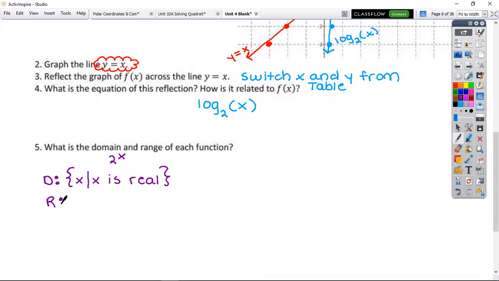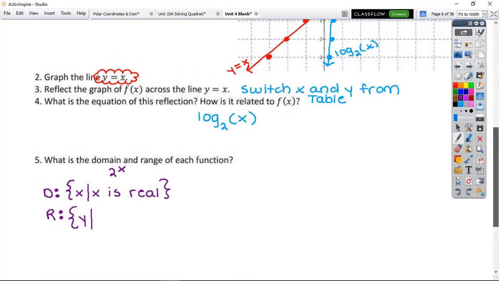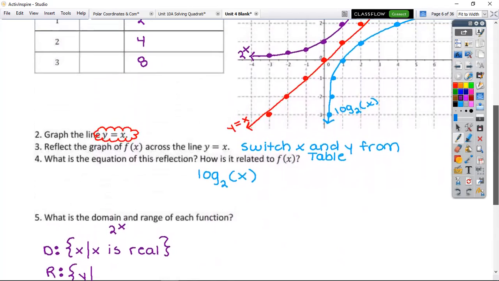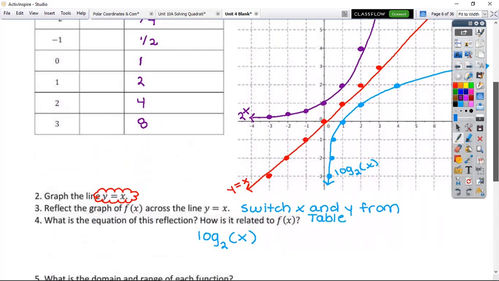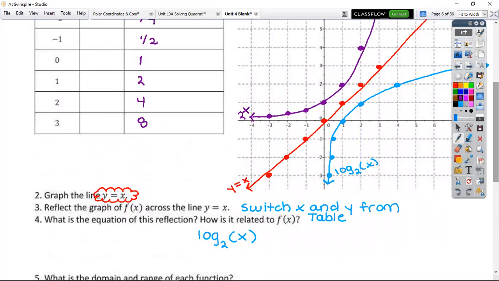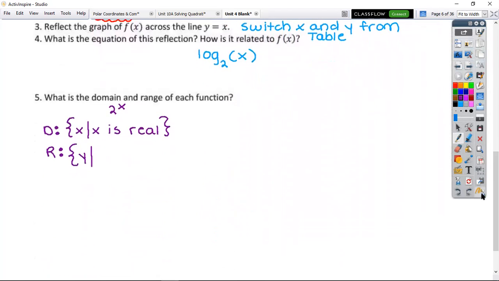Now I need to do my range. My range, I'm looking to see whether or not I include all y values. Or does it look like there is a boundary that this graph is staying above? What do you guys think? We're staying above something, right? What are we not hitting? 0. Good. So I say y is greater than 0.